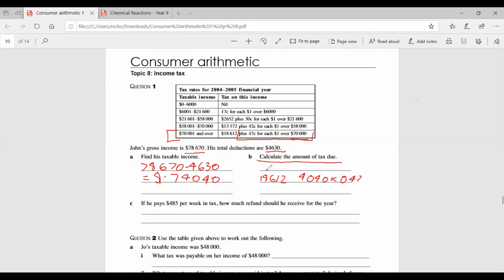And then what do we do with the 18,000 and this new value? What goes in between them? Plus, because he has to pay 18,000 initially, and then on top of that he has to pay this amount, so we plus the two, and that gives us a total amount he has to pay in tax.